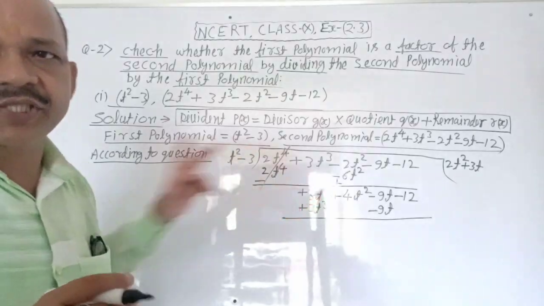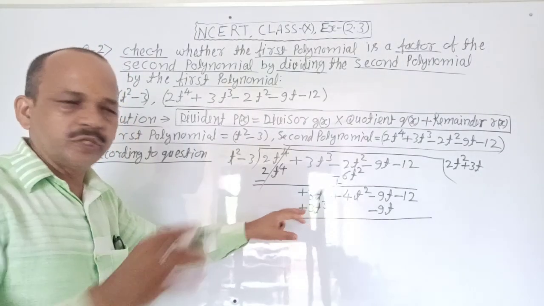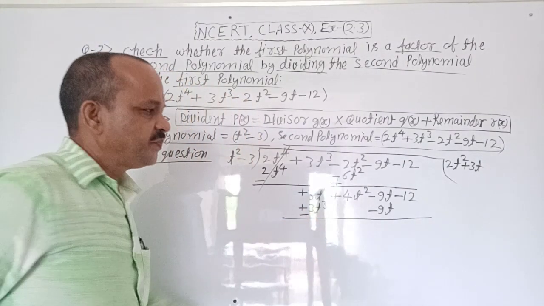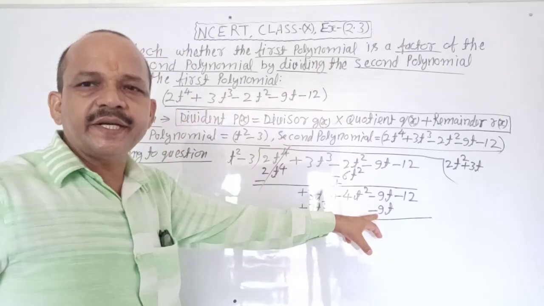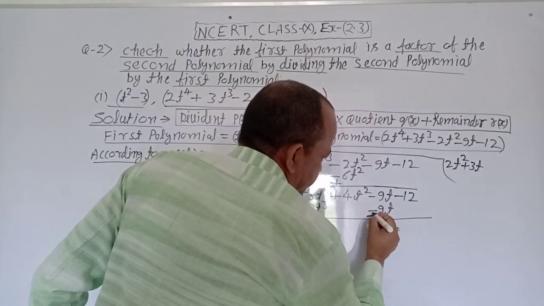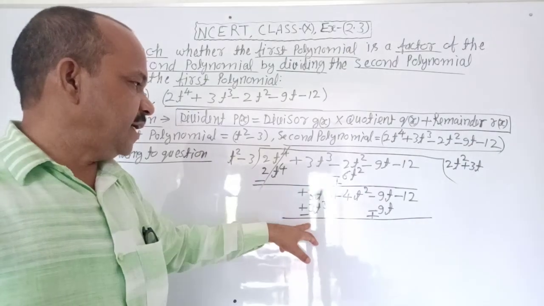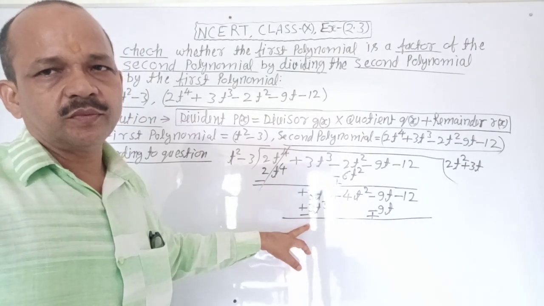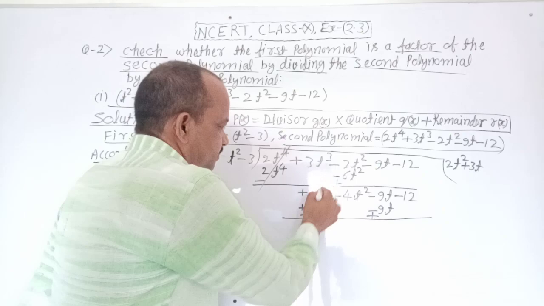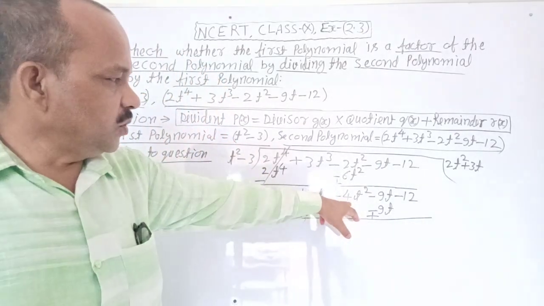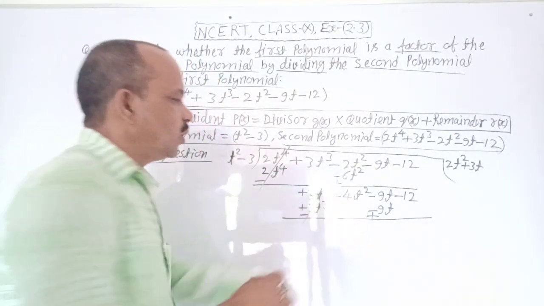Draw a line and subtract it. Firstly you change its sign. Here plus, so you write here minus. Here minus, so you write here plus. Here plus 3t cube and here minus 3t cube. You can cut it. Now you write here plus 4t square.